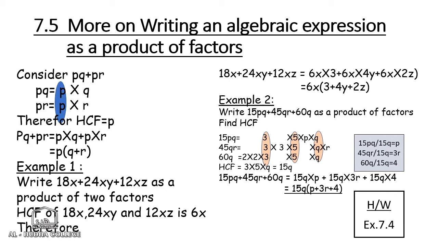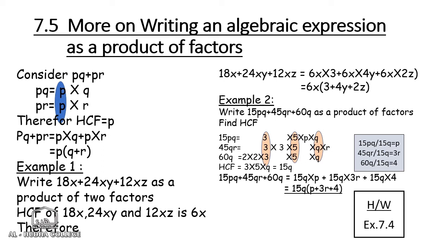PQ you can write as P into Q, P multiplies Q. Then PR can be written as P into R. Now to find the HCF, you should find the common factors in both. You have only one common factor, that is P in both. So therefore the HCF is P.